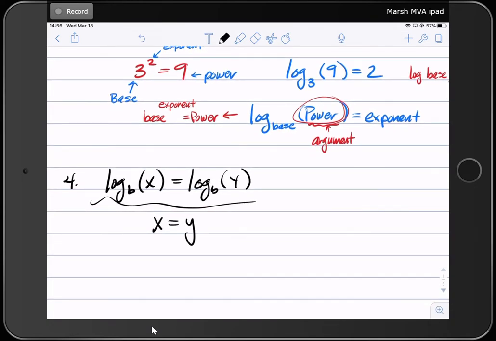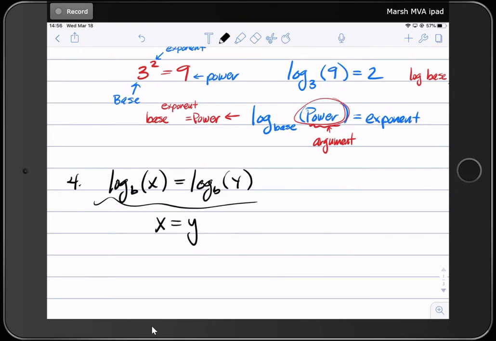Your argument can't be negative. You can't take the logarithm of a negative number or of 0. So some restrictions here, I would say that the logarithm of a negative number and the logarithm of 0 are both not allowed. So whatever your argument is, it's got to be a positive number. It can't be 0. And the reason for that is because your base is always positive.